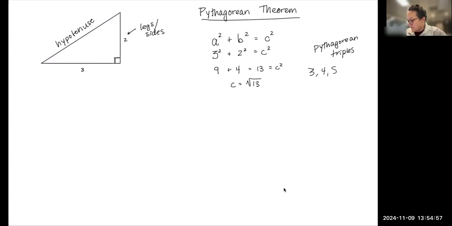So in a 3, 4, 5 triangle, we have 3 squared plus 4 squared, which is 9 plus 16, which is 25, which sure enough is the same as 5 squared. Yay, check, hurrah. And so that's just a Pythagorean triple because all of the numbers get to be pretty integers that are super easy to work with, and it still satisfies the Pythagorean theorem.